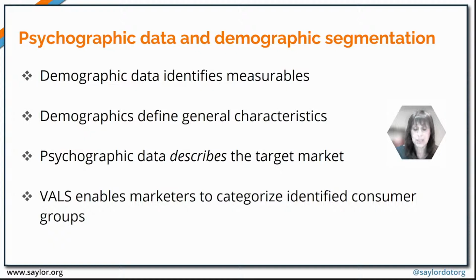And the groups have been identified as innovators, thinkers, achievers, experiencers, believers, strivers, makers, and survivors. And each of these different groups that have been identified have specific characteristics that marketers use when it comes time to identifying a segment of the marketplace, and then from there developing marketing strategies that will be most effective at reaching those consumers.